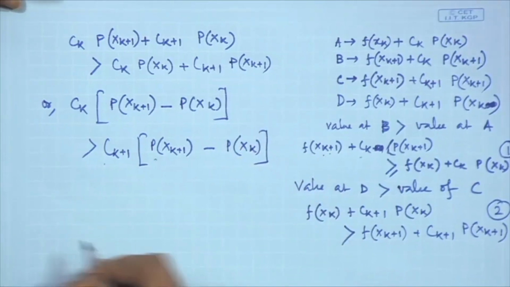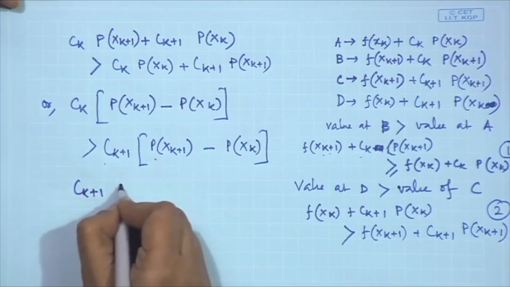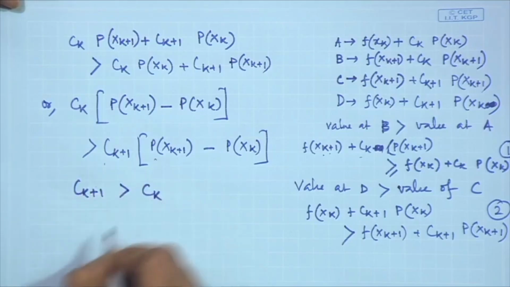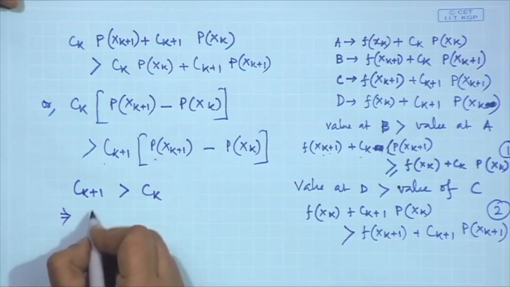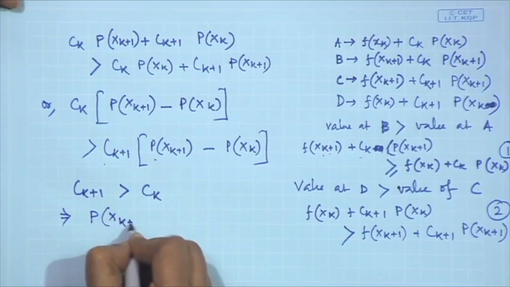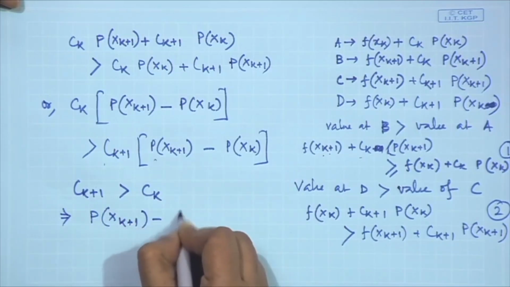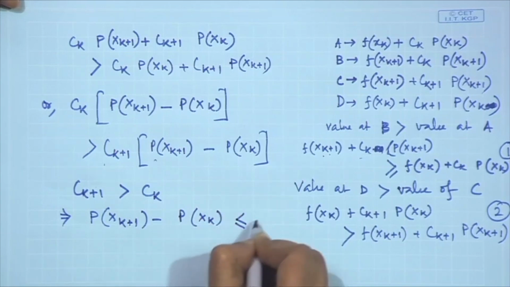All right. From here we know that c_{k+1} is greater than c_k. All right. Then from here what we can say is that p(x_{k+1}) minus p(x_k) must be less than or equal to 0.